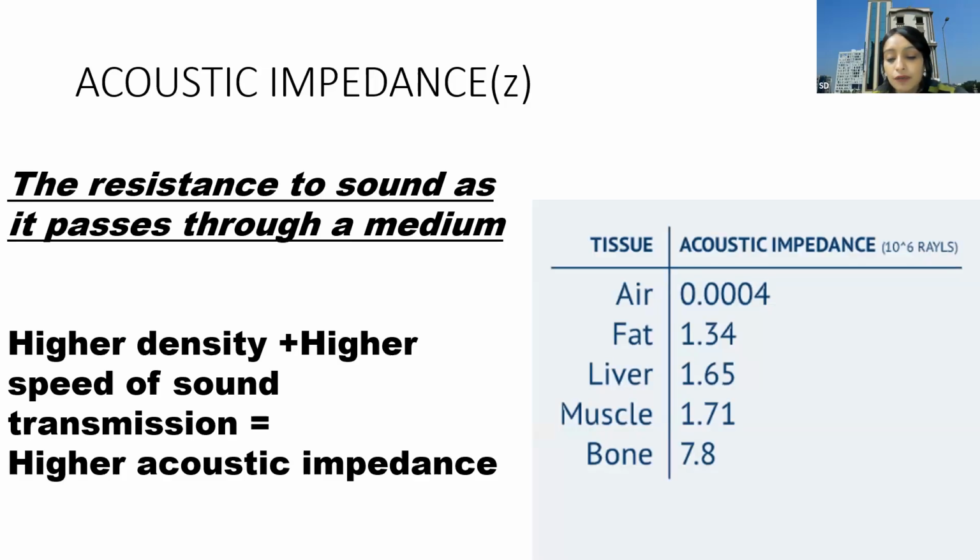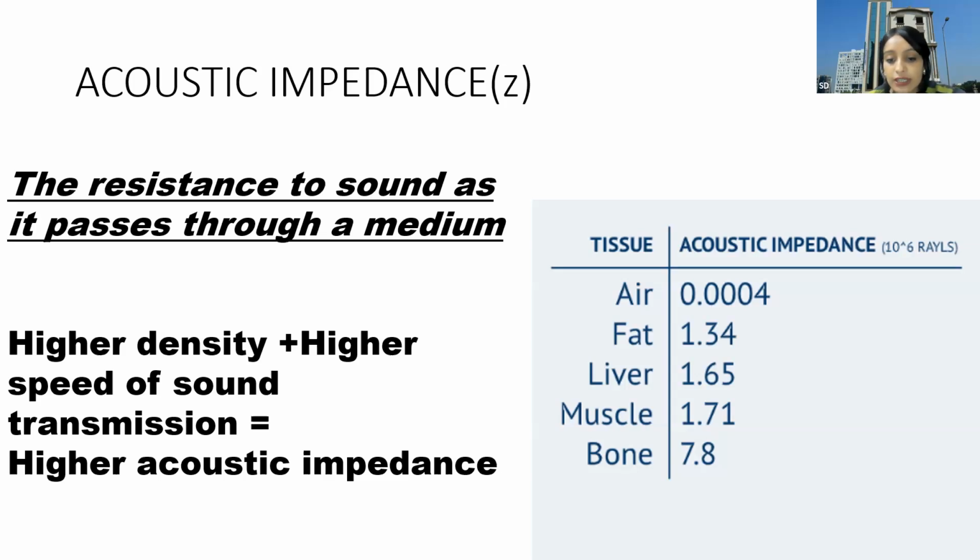That means if the entire sound wave that is coming and hitting the surface gets totally reflected back, it is known as higher acoustic impedance. So basically, it is a barrier present between two mediums. If the barrier is too high, then whatever sound wave is coming goes and reflects back.